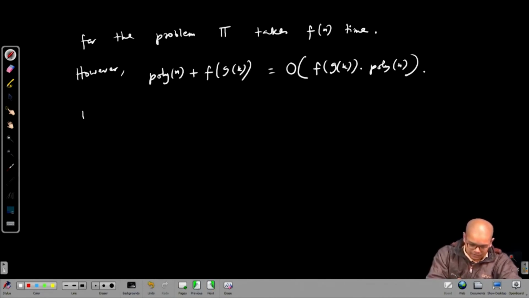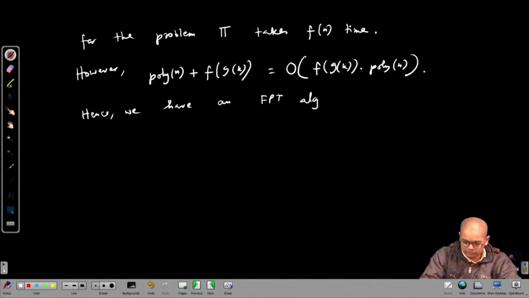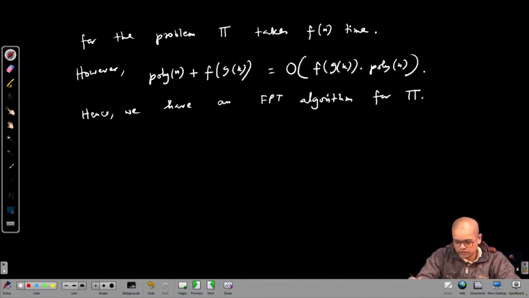Hence, we have an FPT algorithm for pi. So, if part is done.